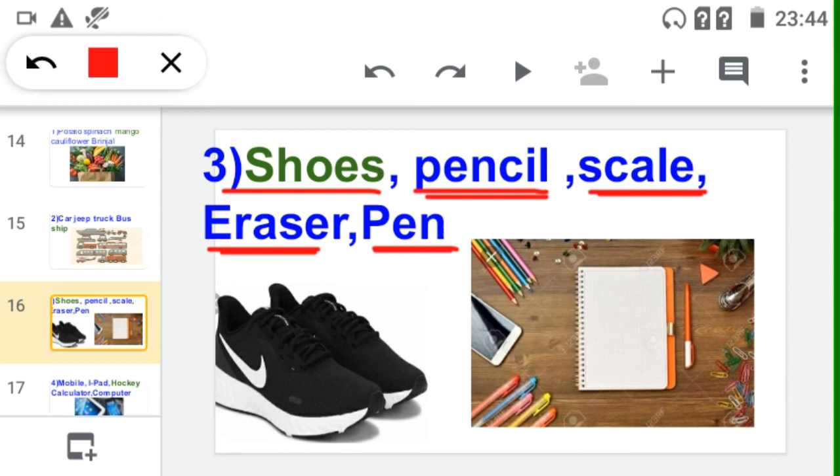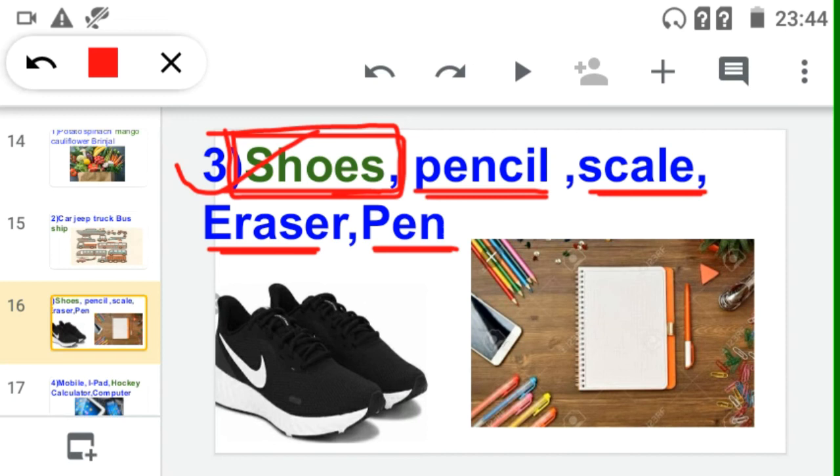But when we are writing, do we need shoes? No. Correct now. So shoes is not stationery. Means when we are writing, at that time we are not using shoes. So that's why shoes is the odd option. Why?